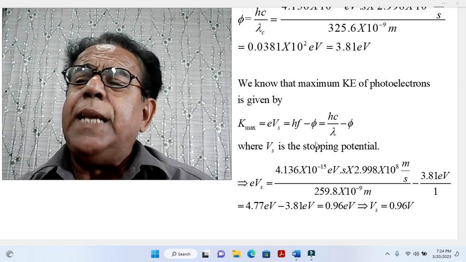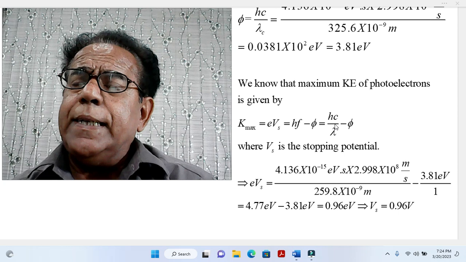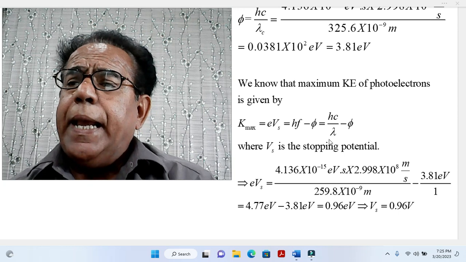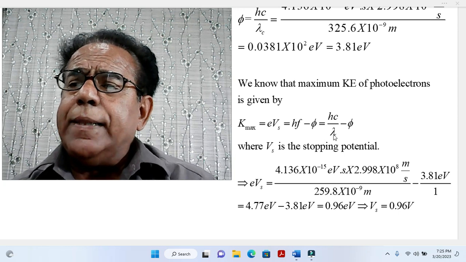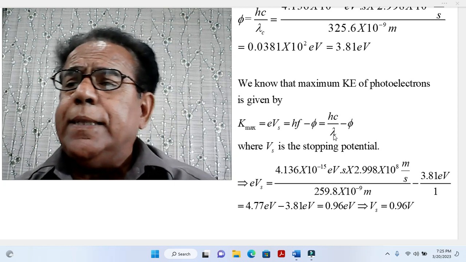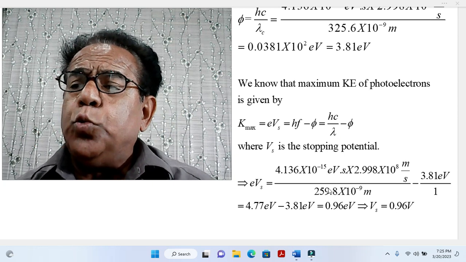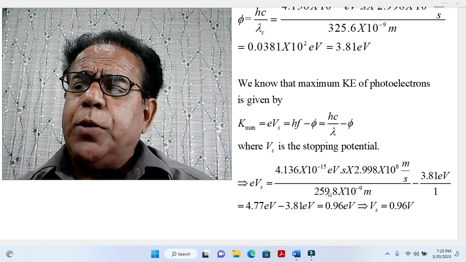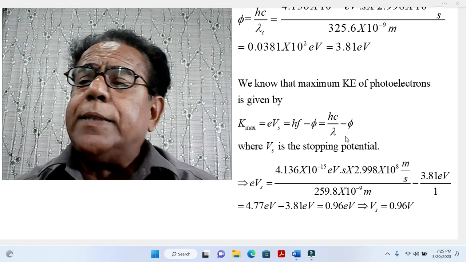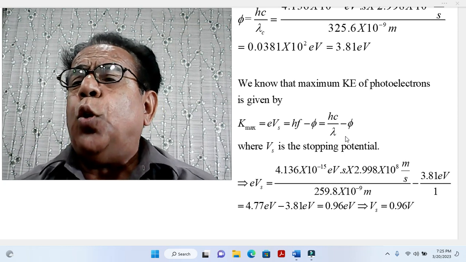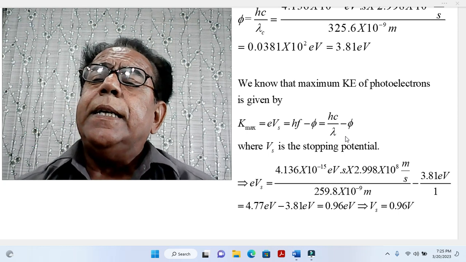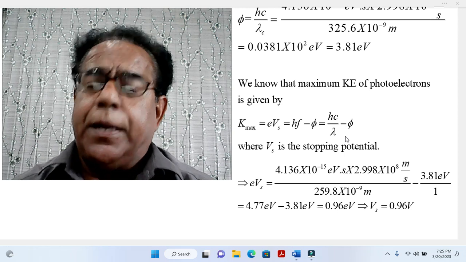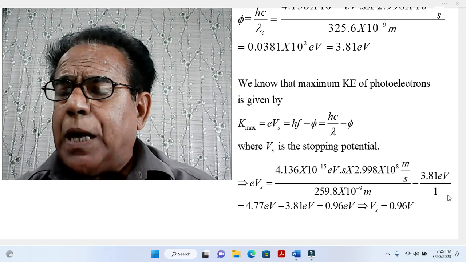Hc and the wavelength given in the statement are in the denominator, and the minus work function has no denominator, which means it has denominator 1. So we have written 1 from our own side.